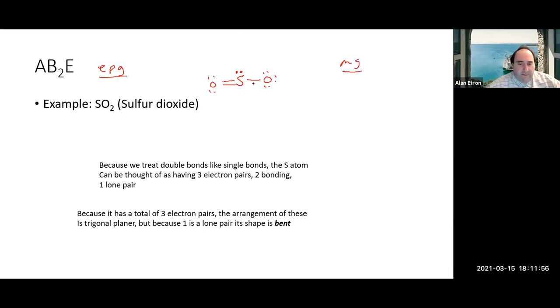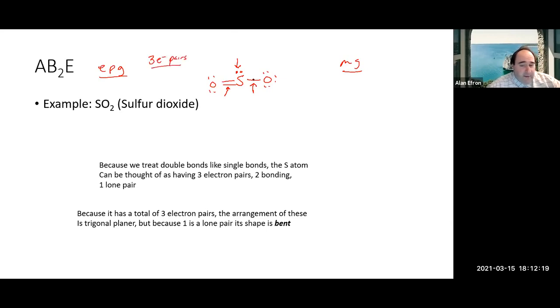I have one electron pair here. I have one electron pair here. Doesn't matter if they're dots or lines when you're counting. And now I have a double bond. Remember that a double bond will only count as one electron pair. So for this molecule, I actually only have 3 electron pairs in terms of the geometry.